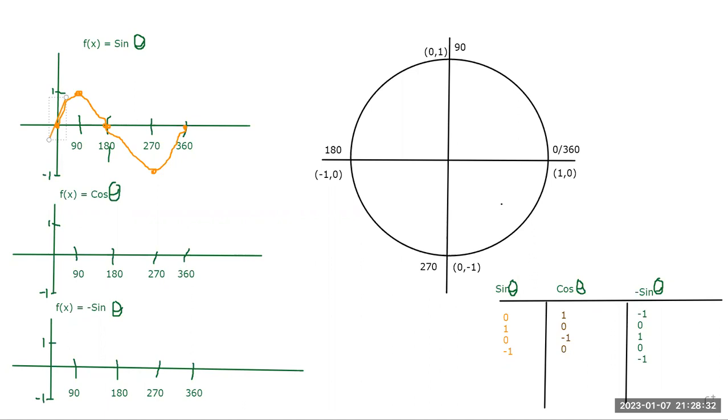So we would put 1 right here at the first point.